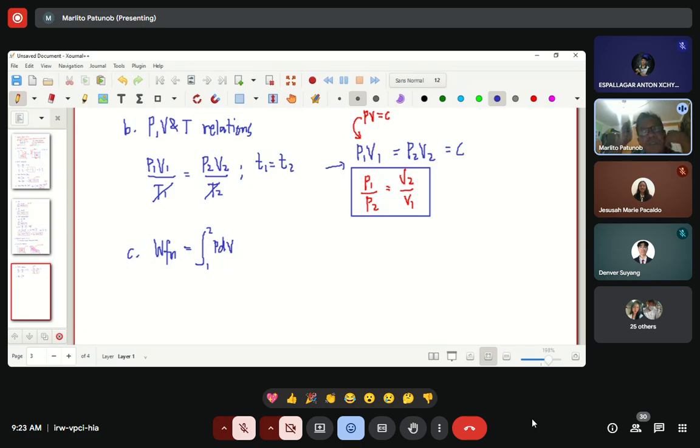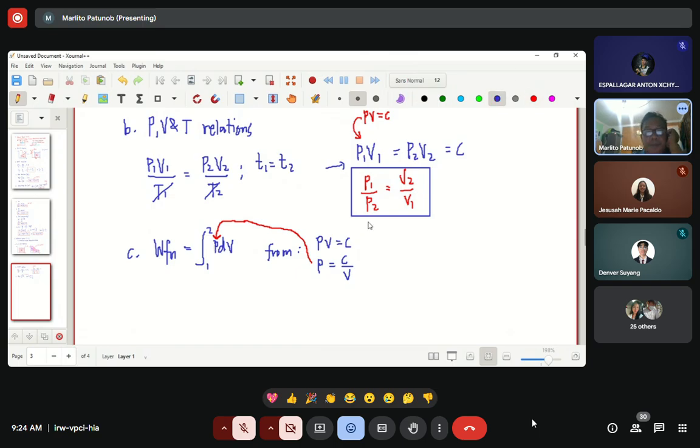And we know that PV is held constant, so we are going to replace P with V. We have P equals C over V. Okay, so we are going to replace that one.